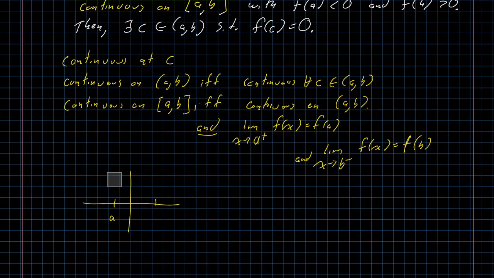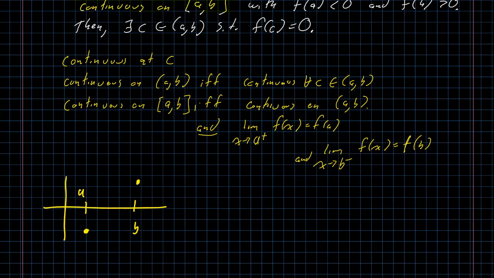All right. So the idea here of continuous on the closed interval, we're allowed to have a jump discontinuity or any kind of discontinuity at the endpoint, as long as the value of the function agrees with what is happening, right?